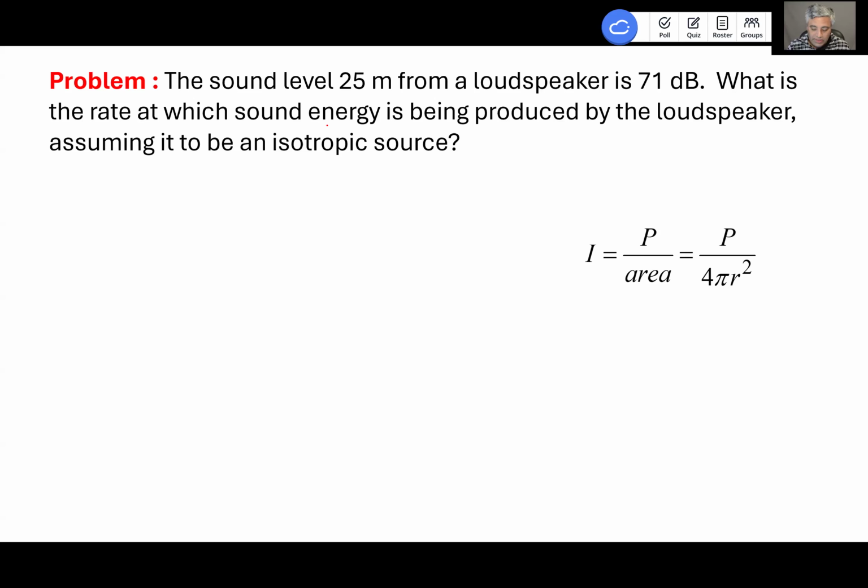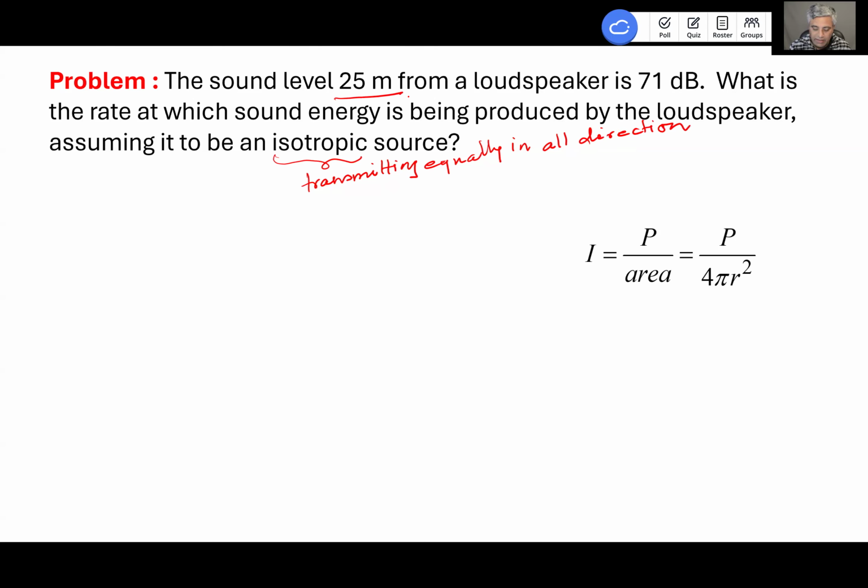What is the rate at which sound energy is being produced by the loudspeaker, assuming it to be an isotropic source? Isotropic means it goes an equal amount in all directions, transmitting equally in all directions.